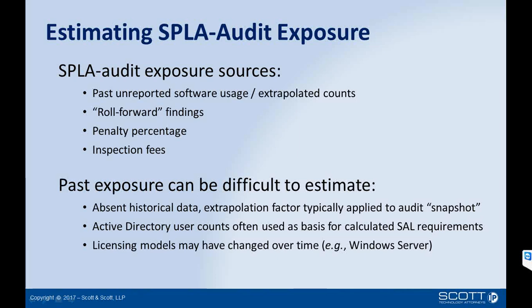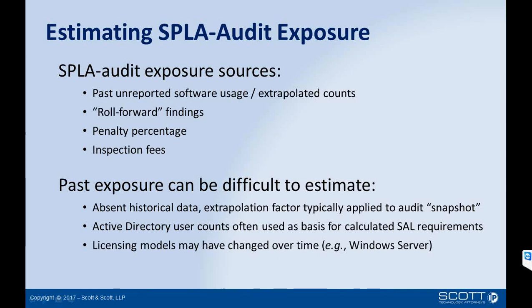Okay? In addition, unlike many agreements with Microsoft, the SPLA agreement has a penalty percentage built into it. It says that for any unlicensed use that's found in an audit, you have to pay, it used to be 1.15%, now you have to pay 1.25%.